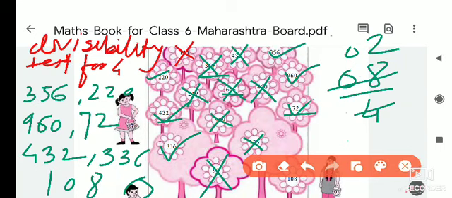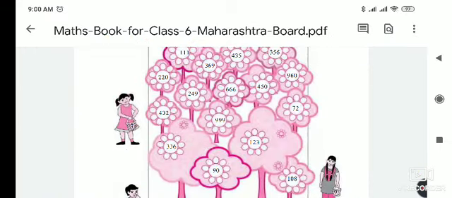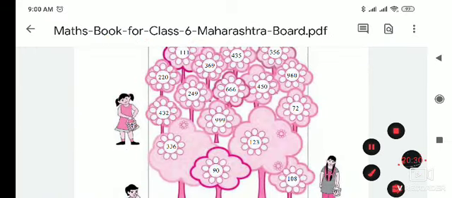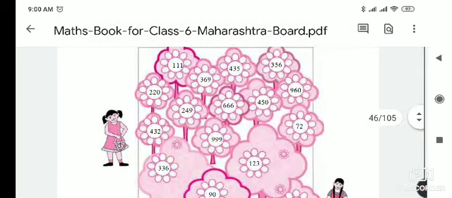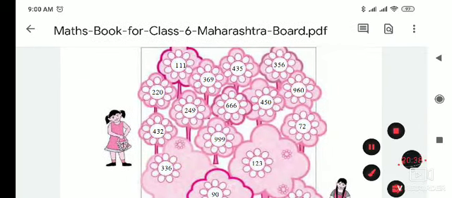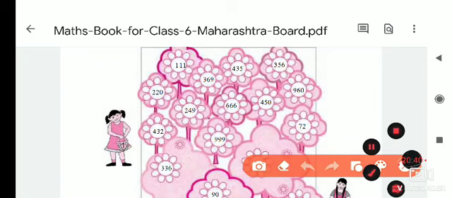So next we have to check that this girl, standing here towards the right side of the picture, will collect the flowers from which trees? From this. So note down this, all of you. Now what number is written here? 9. So we have to check which numbers are divisible by 9.